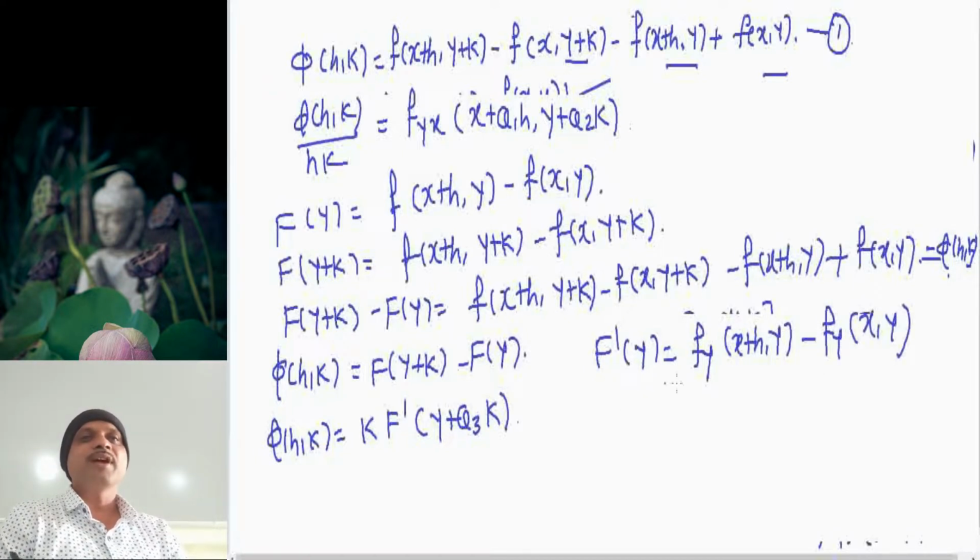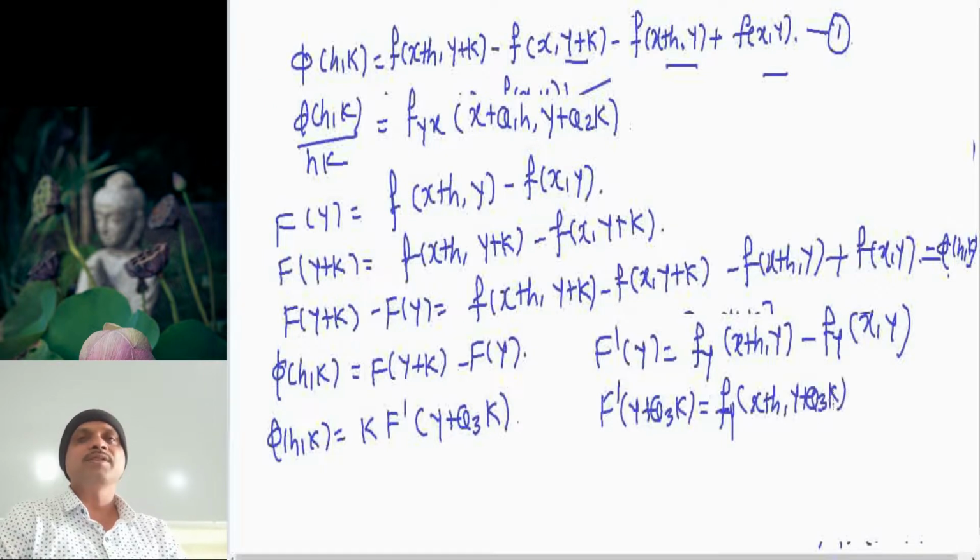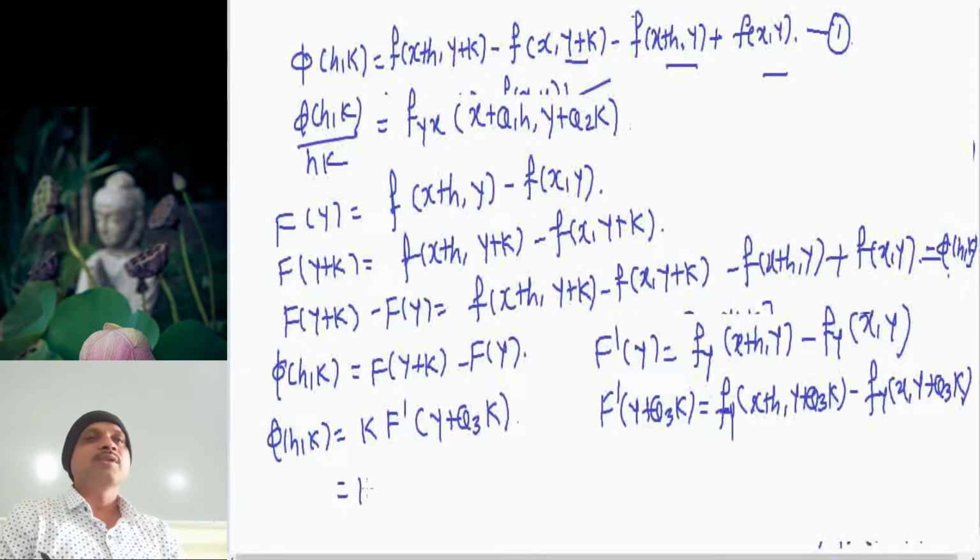Then capital F dash of y plus theta 3 k equal to f_y of x plus h, y plus theta 3 k minus f_y of x, y plus theta 3 k. We put this value here, so we get k into f_y of x plus h, y plus theta 3 k minus f_y of x, y plus theta 3 k.